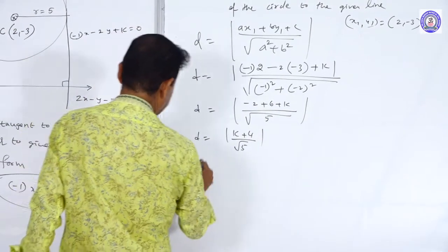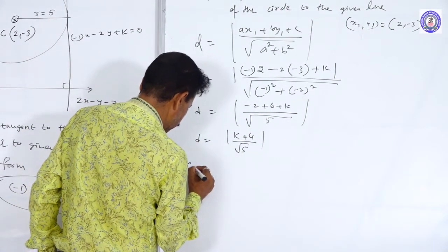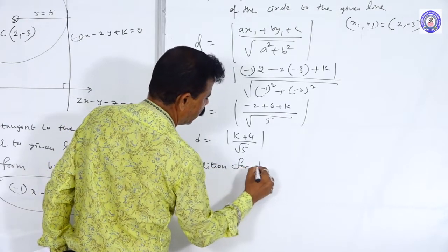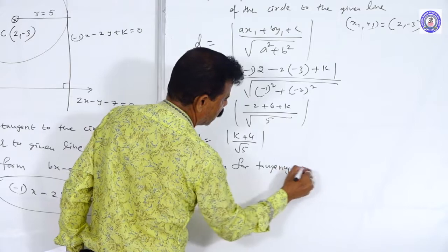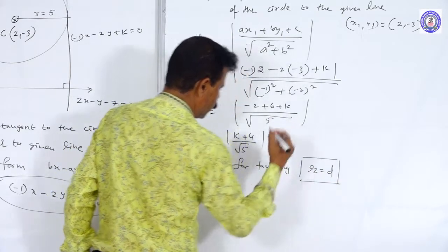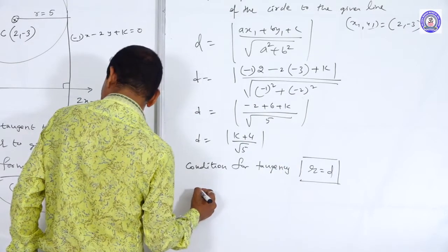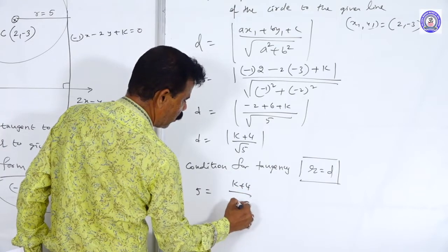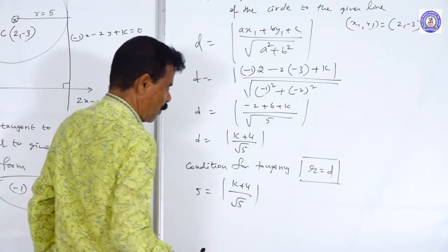So here the tangent condition: condition for tangency, R = D. So R = 5, and D = |k + 4| / √5.